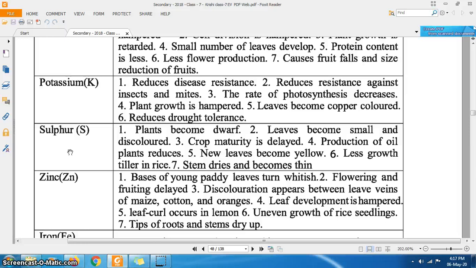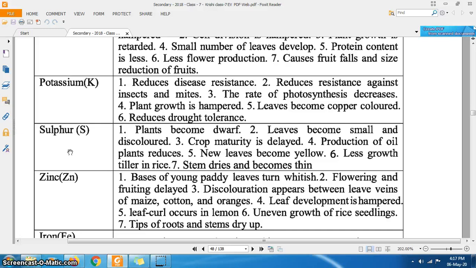Crop maturity is delayed. Production of oil plants reduces. New leaves become yellow. Less tillers grow in rice. Stem dries and becomes thin.